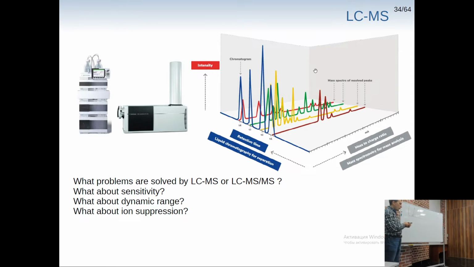And if we have, let's say, just mass spectrometry without tandem mass spectrometry, we'll have something like this: during time we have those masses of peptides. Some of them are higher, some others are higher, and so on. It's time, intensity, m over z.